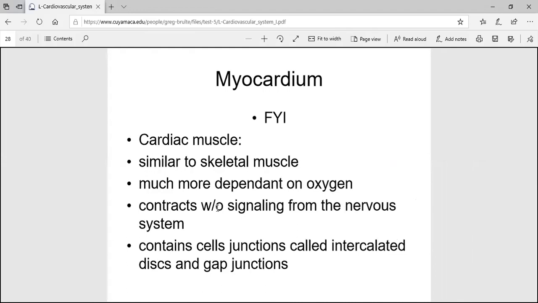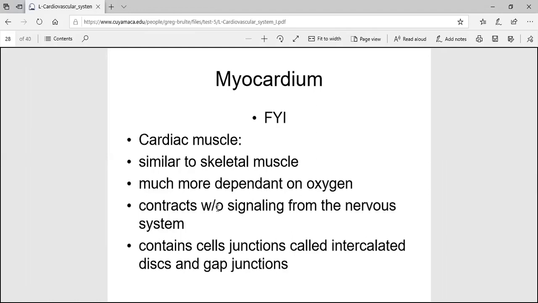You want all the cells in the atria to depolarize so that they can contract, and then all the cells in your ventricles to depolarize so that they can contract later. You don't want these two things to happen at the same time, so there's a little insulation to avoid that depolarization spreading throughout the whole heart simultaneously.